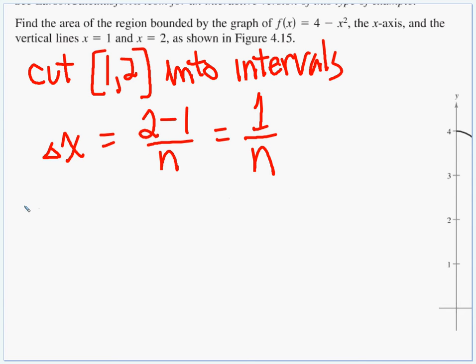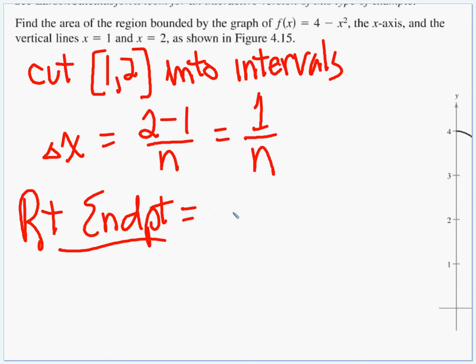But now let's figure out our right endpoint. Again, we're not starting at 0. So this, if I don't want to flip back to it in the text, is a plus i times delta x. For most of our examples so far, a has been a 0, so we just leave it off.